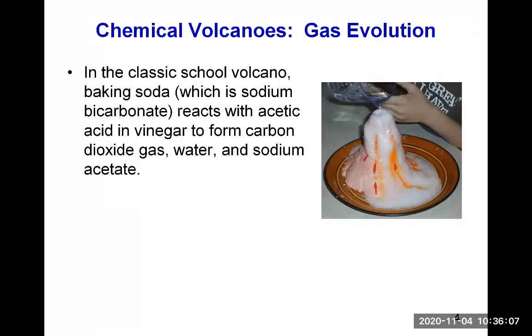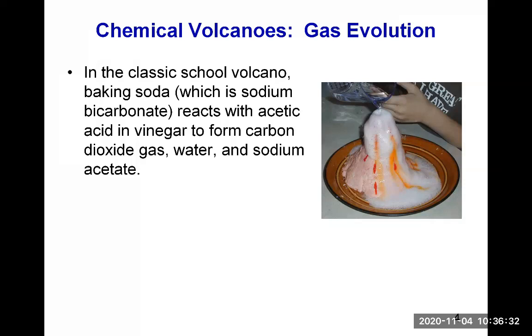Together, sodium bicarbonate and acetic acid react to form carbon dioxide gas, water and sodium acetate, so that's the product of this reaction.